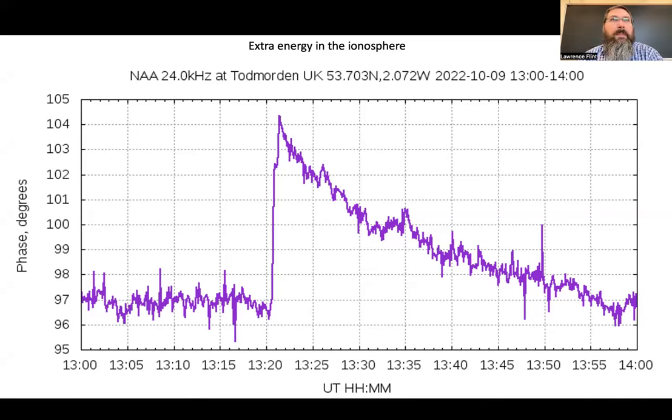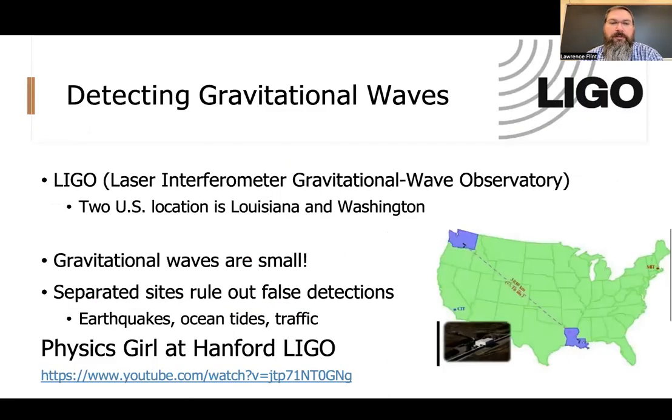Whenever the gamma radiation gets to the Earth, it causes ionization in the atmosphere, and that's detectable and measurable, and it decays over time. After about 40 minutes from that spike, going to the right-hand side, the energy gets back to typical or average ionization of the atmosphere.